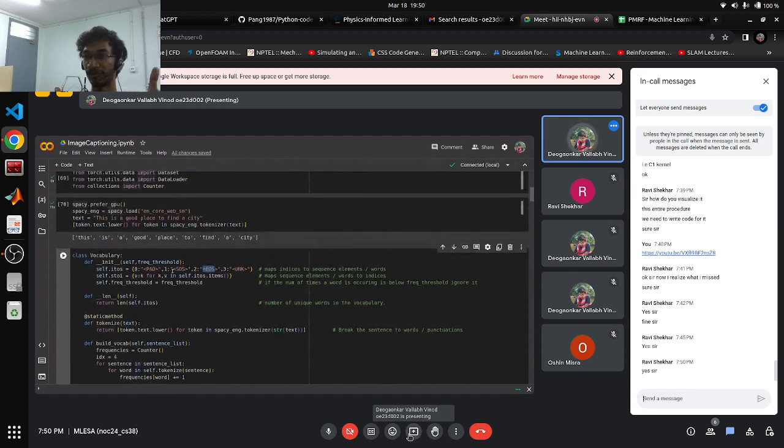There are some special characters in this to denote things. So I will put start of sequence and end of sequence in front of each of my captions in the data set, so that I will know where the caption started, where it ended. And I will also have a special character for padding and another character for unknown.